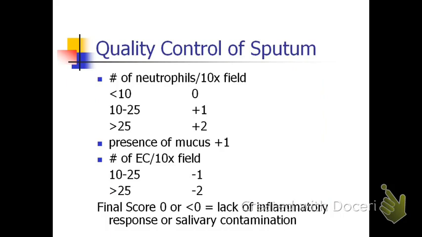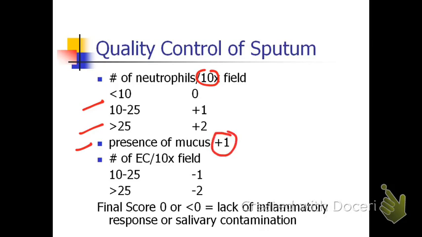If there are less than 10 neutrophils, then you score it as 0. If you're able to see 10 to 25 neutrophils, then you score the specimen plus 1. And if you are able to see more than 25 neutrophils in 10 fields, then you score the specimen plus 2. If the specimen is mucoid, then plus 1.